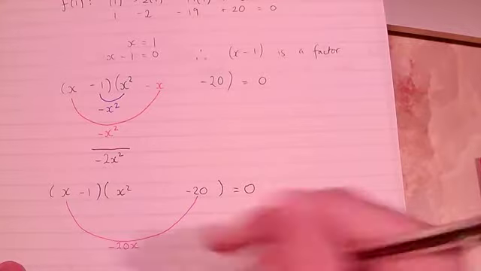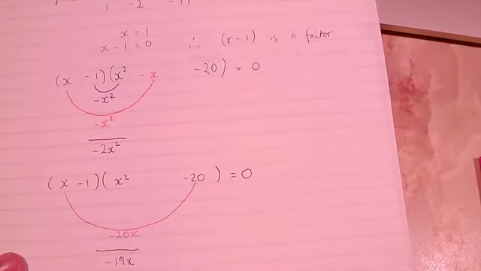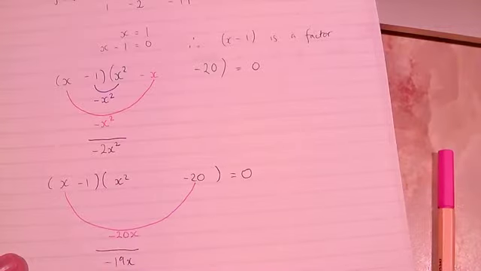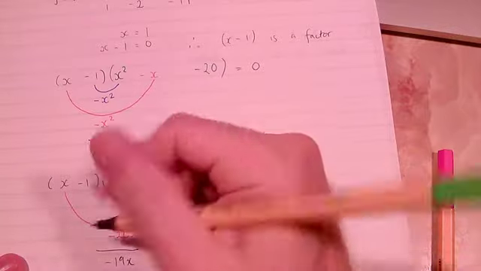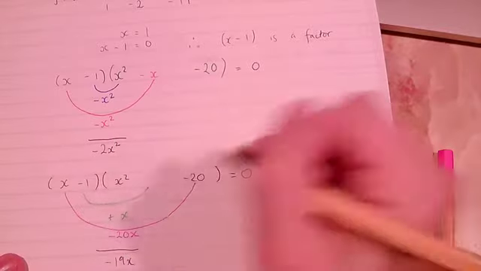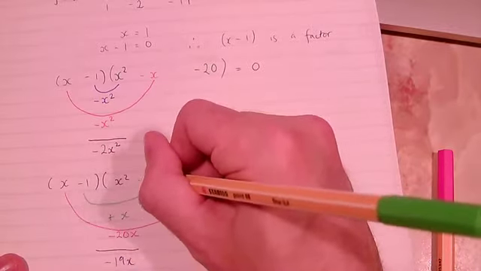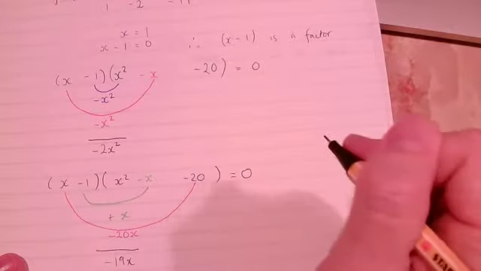Now I know overall I need to make minus 19x. So I'm looking at that and saying, what do I do to minus 20x to get minus 19x overall? And the answer must have been, I must have added x to that. So this needs to times by something to make positive x. So a minus times by a minus x, minus 1 times minus x will give me a positive x.